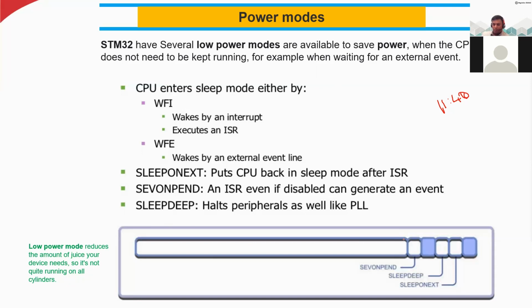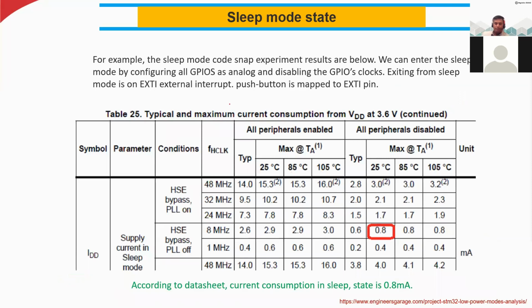If you look at the reference manual, you can see sleep on exit, sleep on pend and sleep deep. It's just a temporary sleeping mode, or it's really going to be a deep sleep or something like that. So you have the options. For example, the sleep mode code snippet experiment results are below.